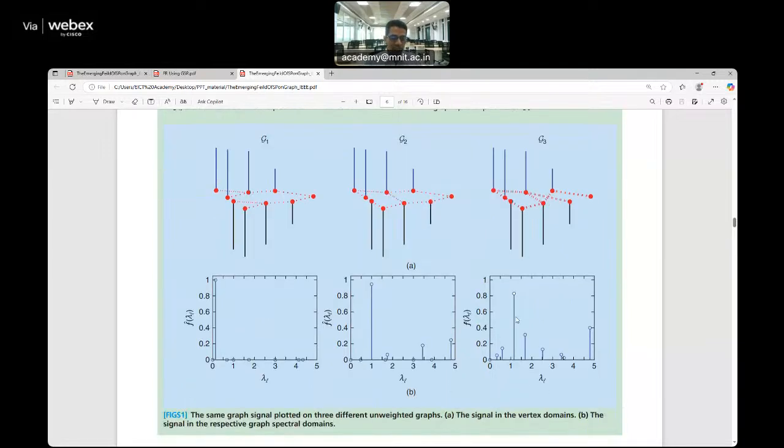When you plot the graph Fourier transform, you will observe this beauty: more frequency components are available in graph G3. In G2 there are fewer components, and here only low frequency components are available.